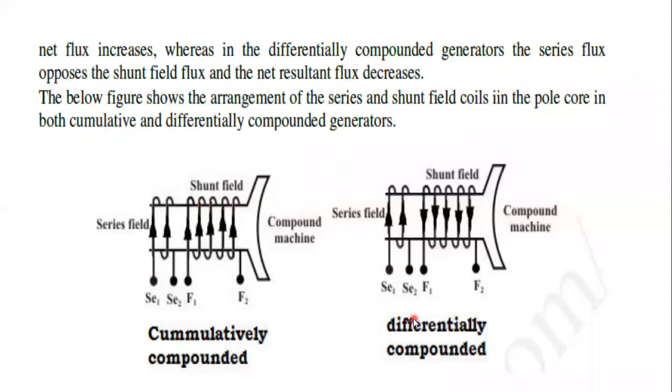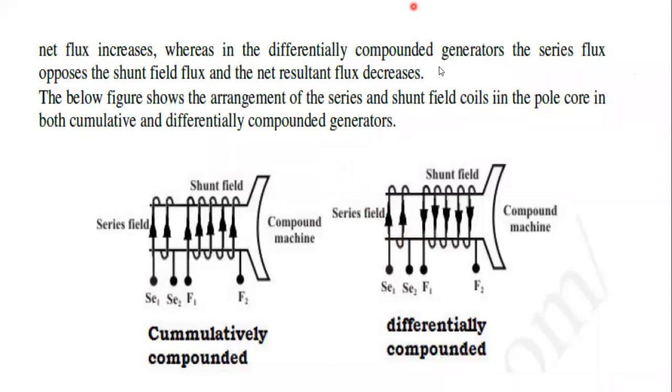But in a differentially compound generator, as the name suggests, we have a difference. The flux direction of the shunt field winding is downwards, and the flux direction of the series field winding is upwards.